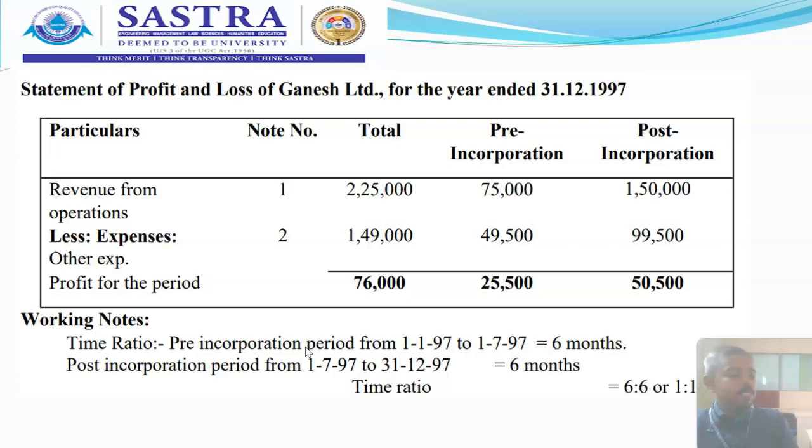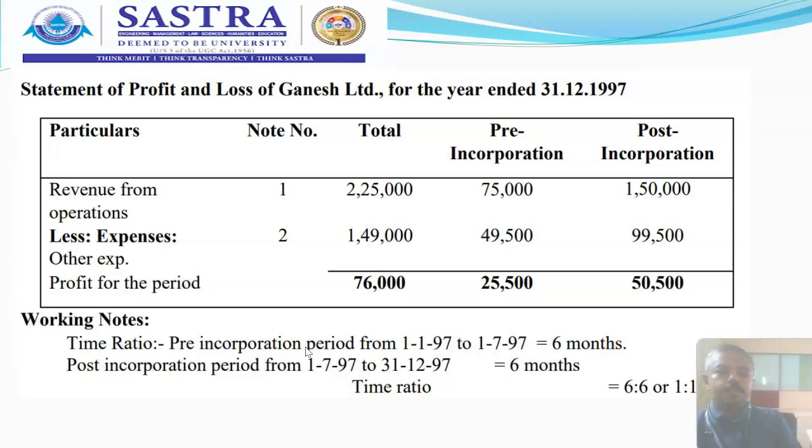And subtract the expenses. So take the expenses together, the total which we have done on the previous screen. Yes, total 1,49,000 total expenses.